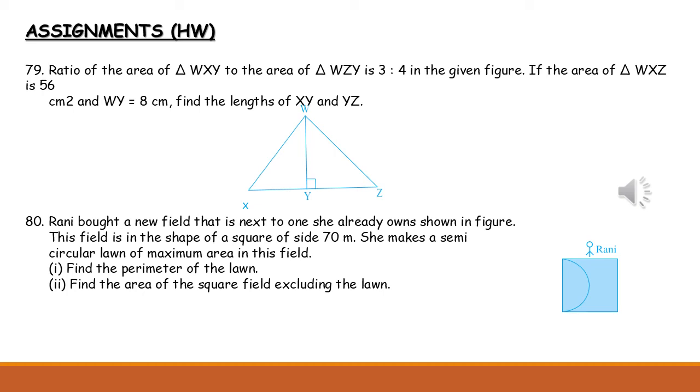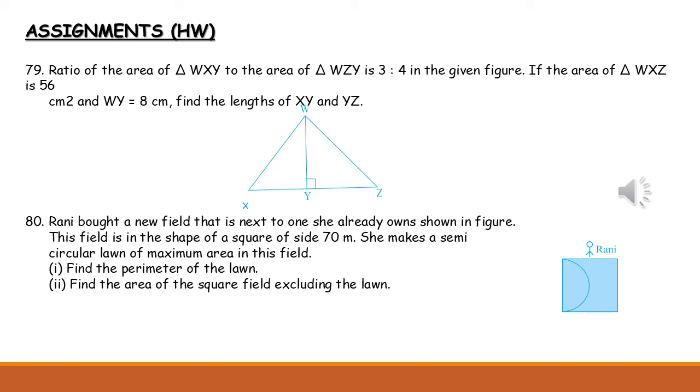Now we have the clue that the areas of the two triangles are 3x and 4x. And look into the figure, all the three triangles, the smaller triangles and the bigger triangle, have the same height, that is WY, equal to 8 centimeter. By using this concept, solve the sum. Okay.